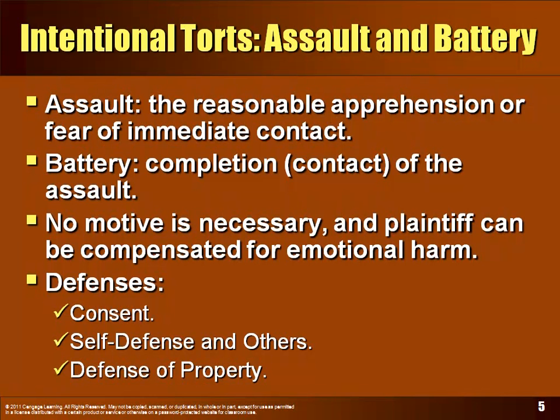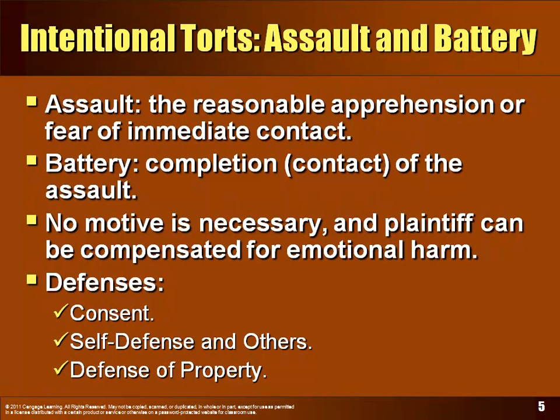Now, they're all loaded words. You're going to find that with legal definitions. Reasonable apprehension. What would be unreasonable fear? Like you just come in, you sit down, you haven't read the chapter, and you're just really fearful I'm going to punch you. You have no basis for that. I've never punched anybody before that you know about.